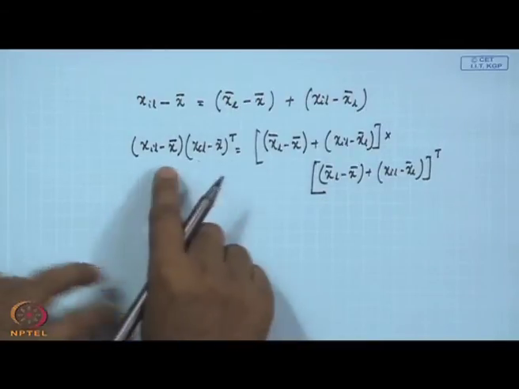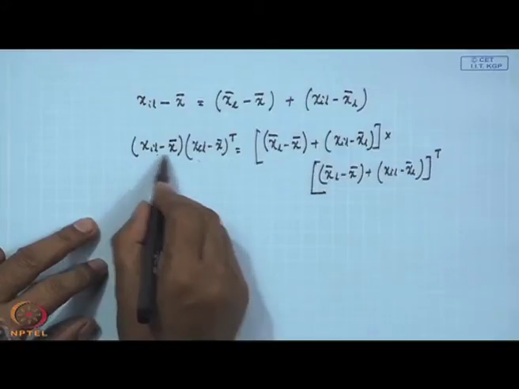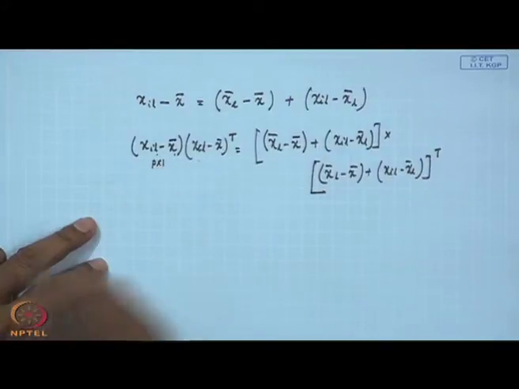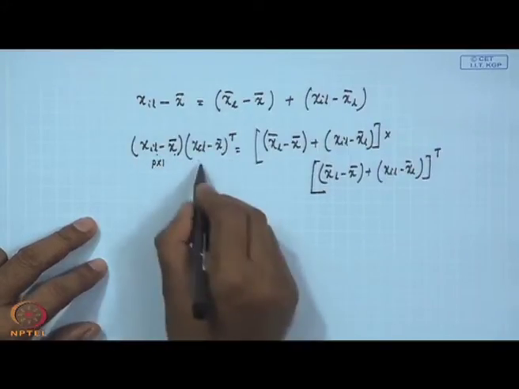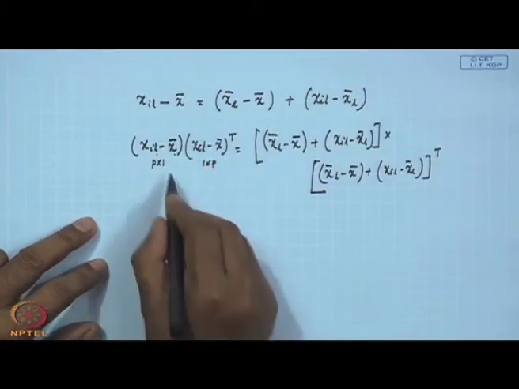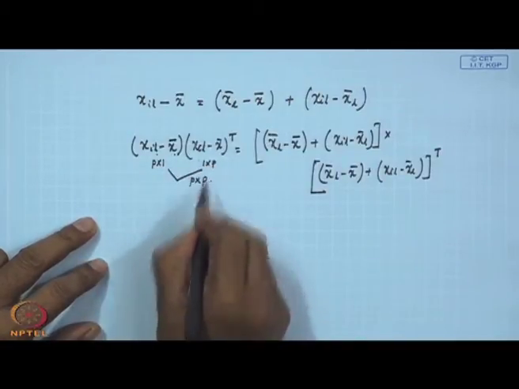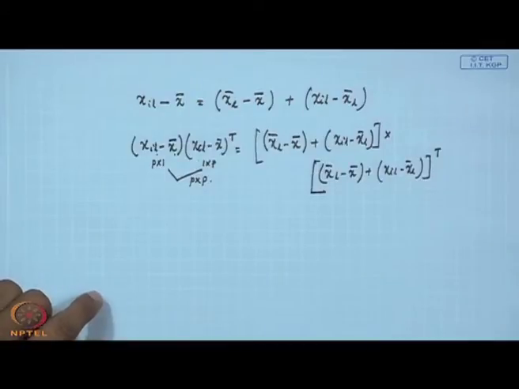Correct. So, our x_il minus x bar is a p cross 1 matrix, transpose will be a 1 cross p matrix and the resultant will be a p cross p matrix, that is what we want also.